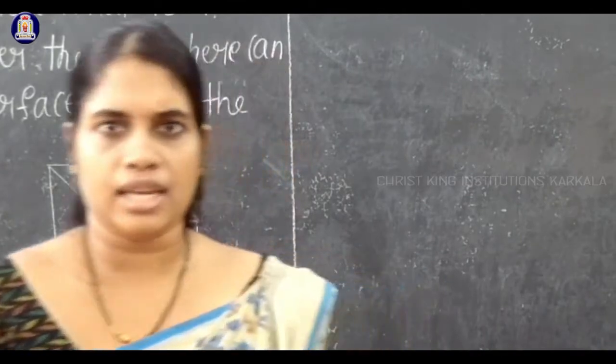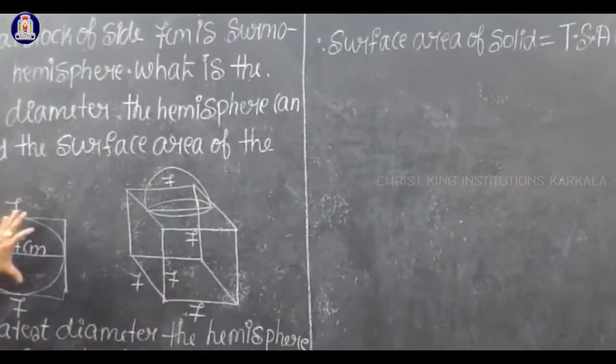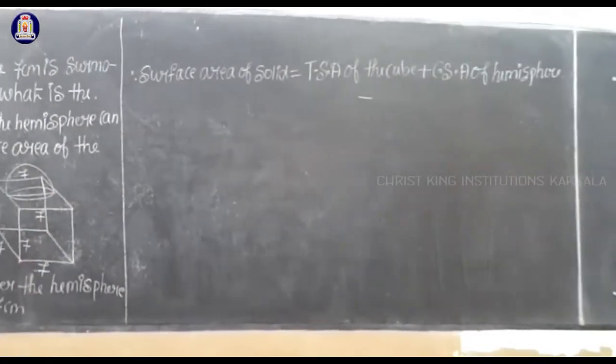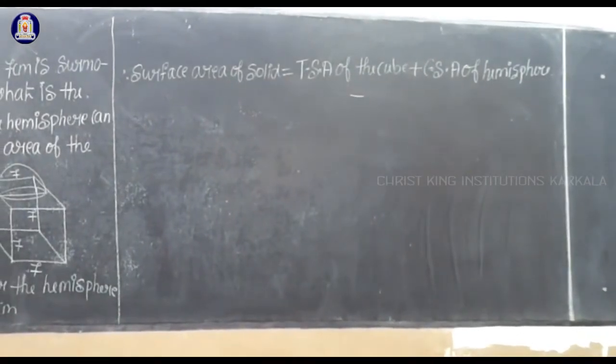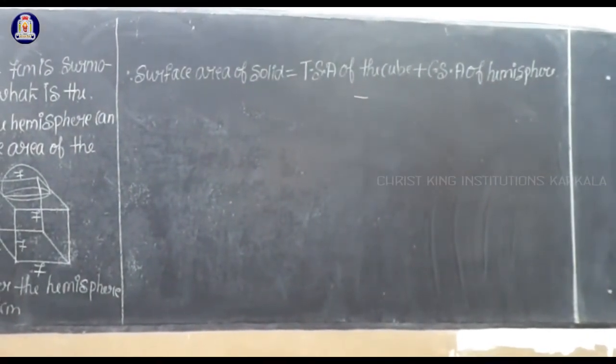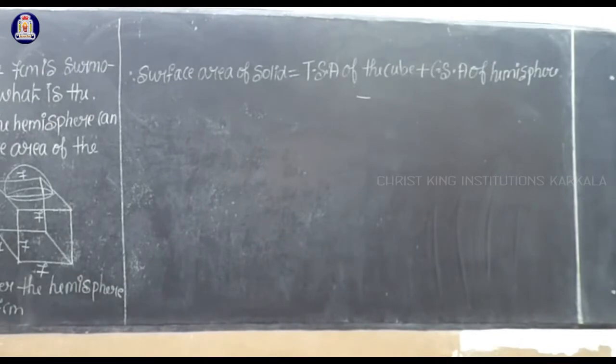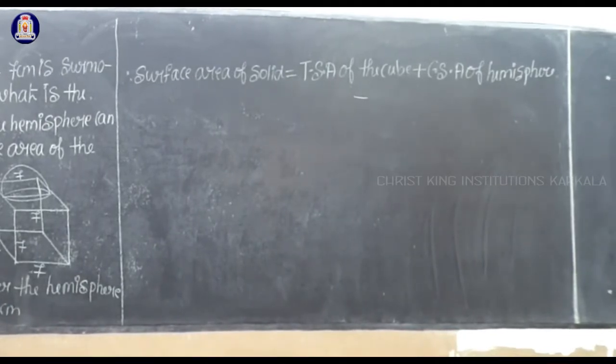Minus, I will subtract one area. What is that area? See here, this is the top of the cube. On this top, this is the base of the hemisphere. But actually, I don't want this base area, because it is closed, isn't it?